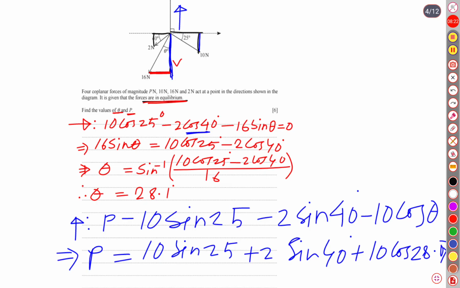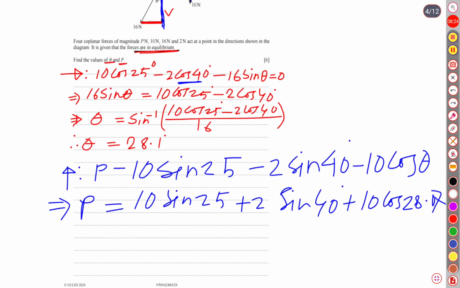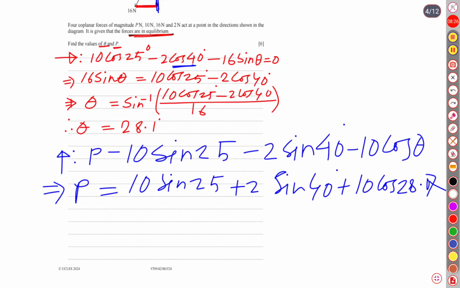Hence our P is going to be, if we calculate using our calculator, 10 sine 25 plus 2 sine 40 plus 16 cos 28.07 equal to 19.63.